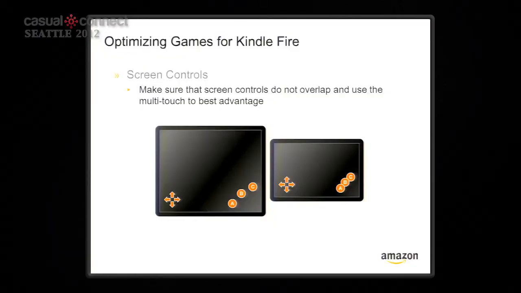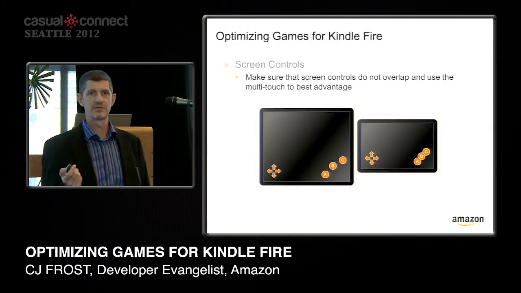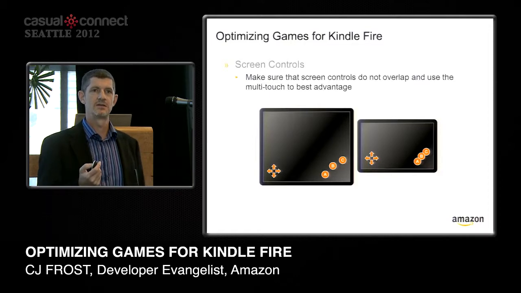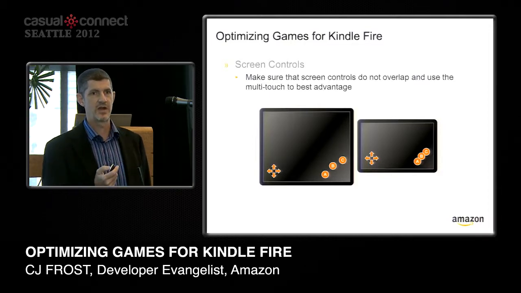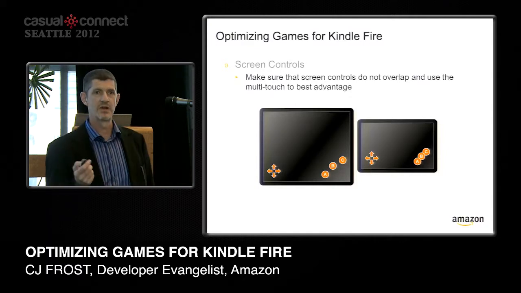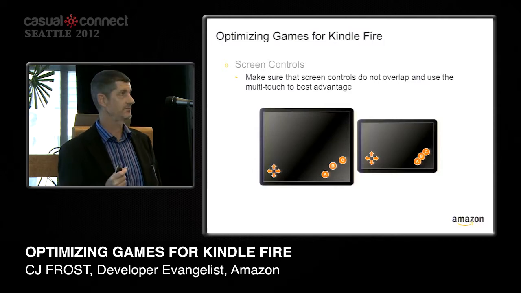And the last one I'm going to talk about today, and again, this is very much a teaser for a whole breadth of information that's available on our portal, is on-screen controls. This happens when a larger scale tablet application is scaled down for the Kindle Fire. We see a lot of on-screen controls get compacted or overlay each other.